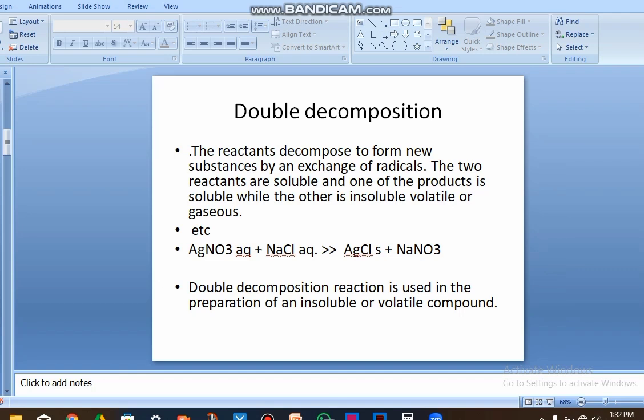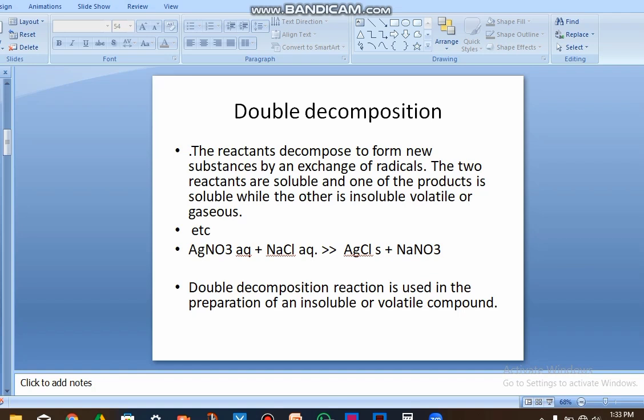So when a substance is referred to as soluble, it can melt or decompose when added to a particular liquid. Example is salt. If you put salt in water, it will melt, isn't it? So the reactants decompose to form new substances by an exchange of radicals.